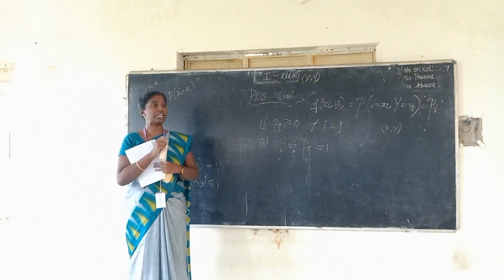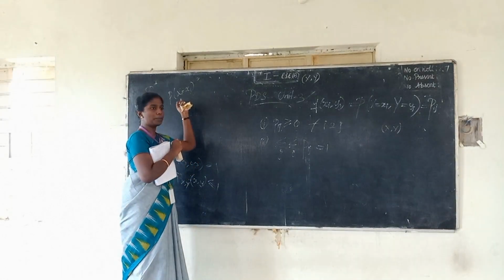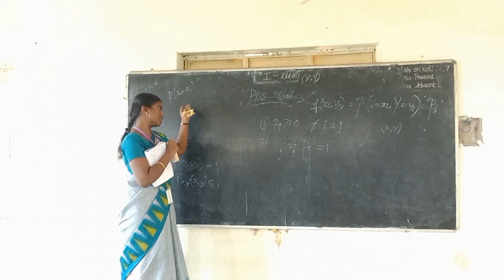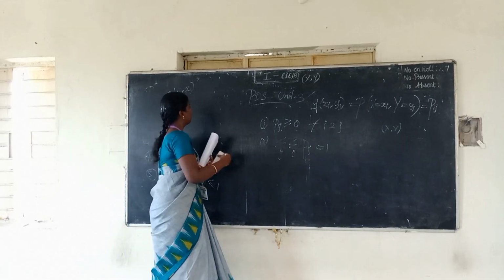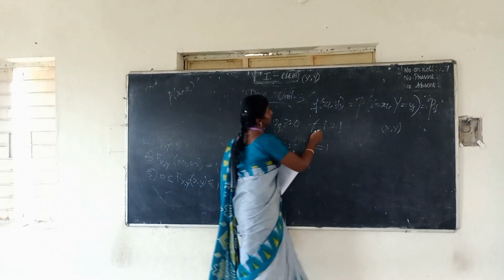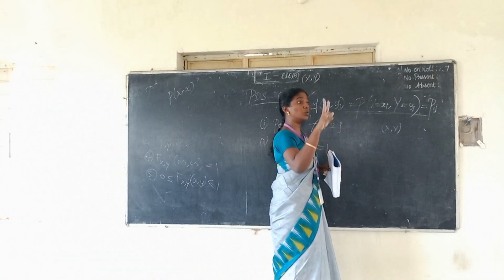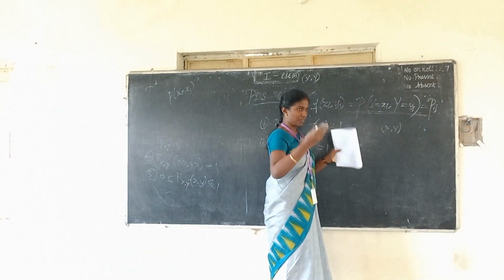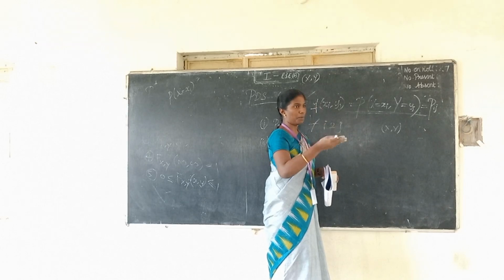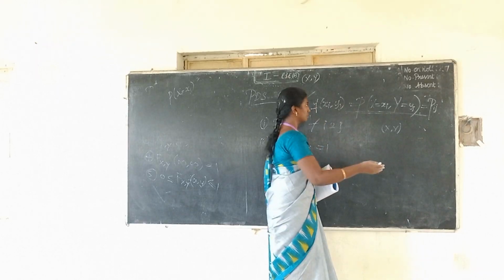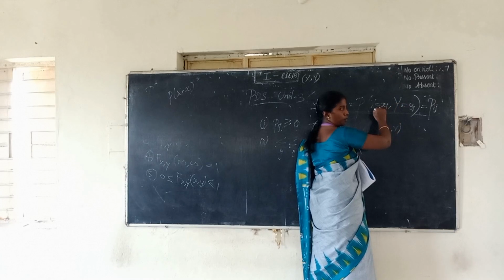For the discrete random variable, this is the probability mass function. Similarly, this one is the probability mass function of two random variables, which is otherwise known as joint probability mass function.